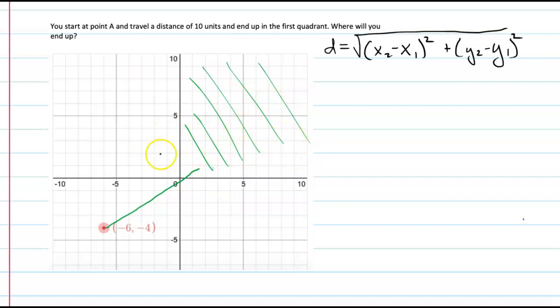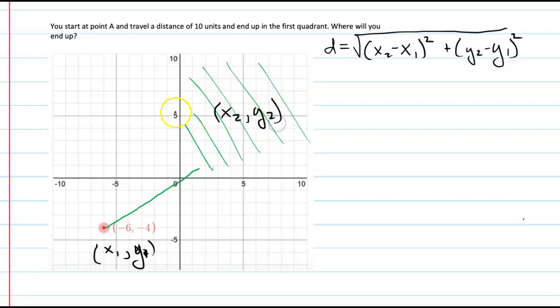And so I know I can call this x1 and y1. Sorry, let's not make that mistake. So this is my first coordinate, x1 and y1. And I know my x2 and my y2 are going to be somewhere in here.